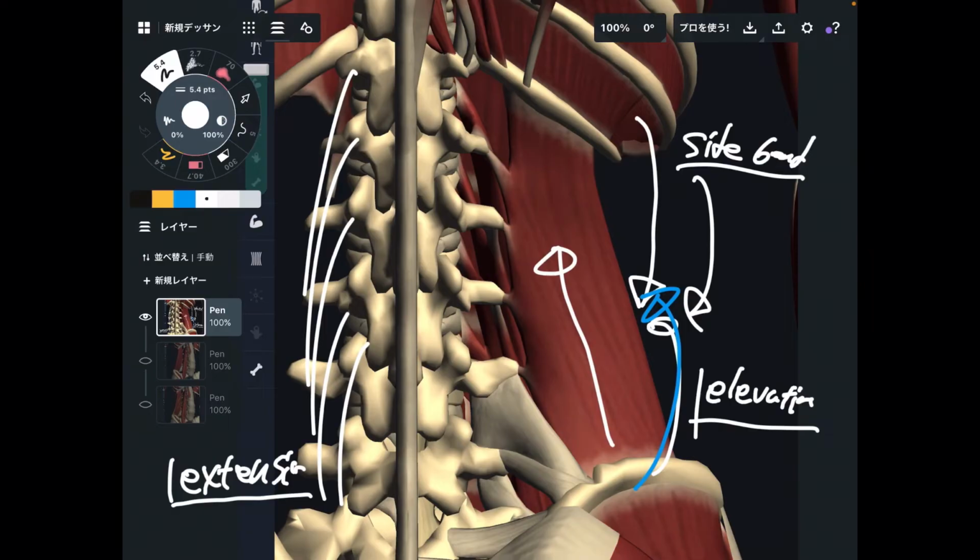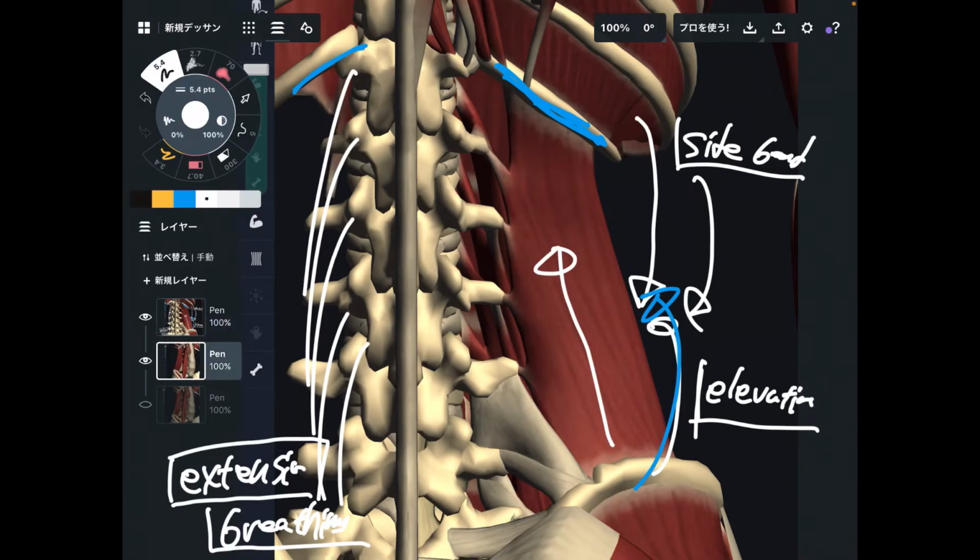Very important. Then, do you remember? This muscle attaches to 12th rib. This is related to breathing. Oh my gosh, look at its function. Side bend, elevation of pelvis, extension of lumbar spines, and breathing. It has a lot of things to do. This is functions of quadratus lumborum.